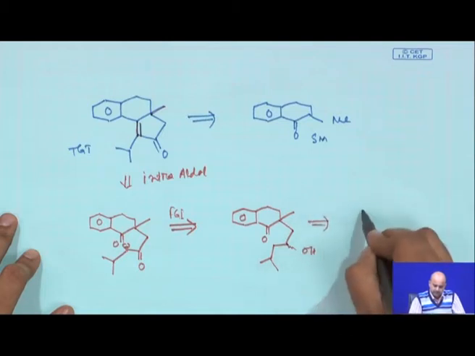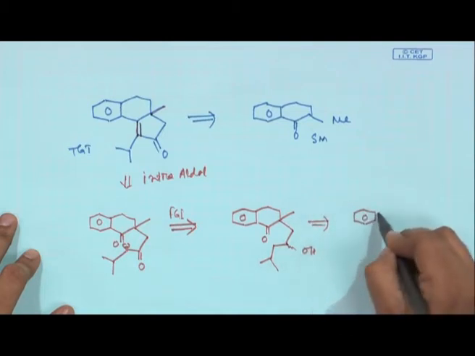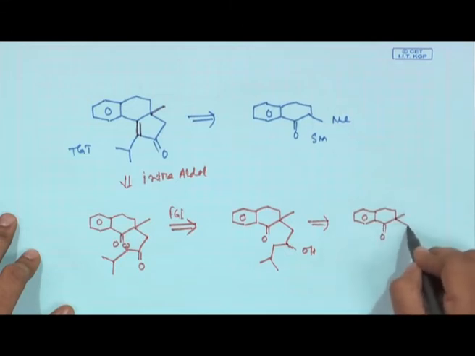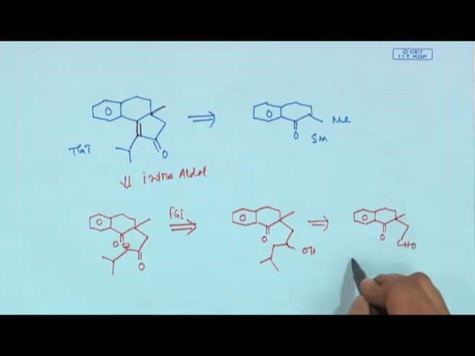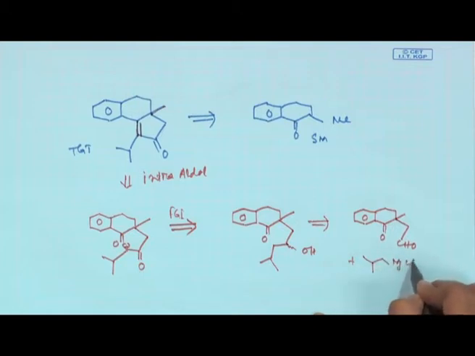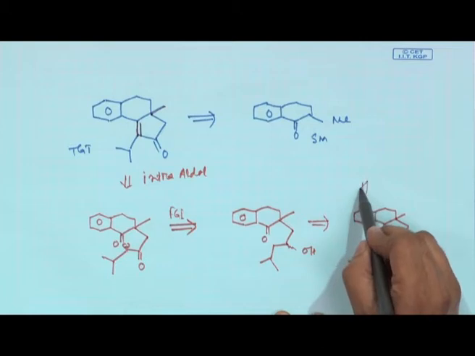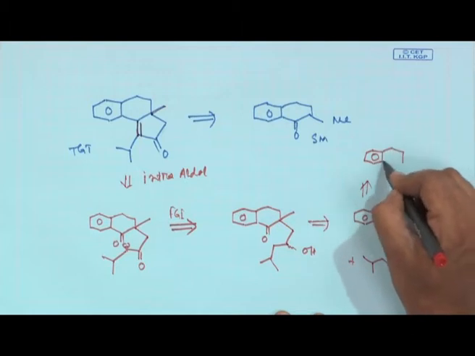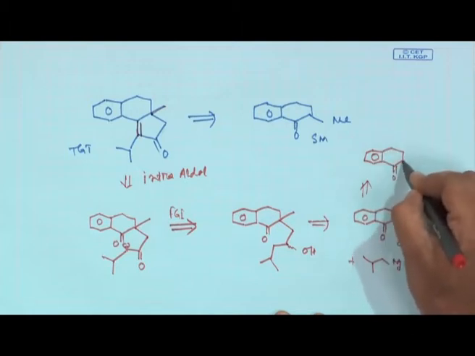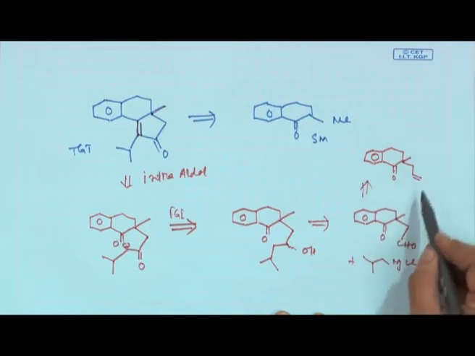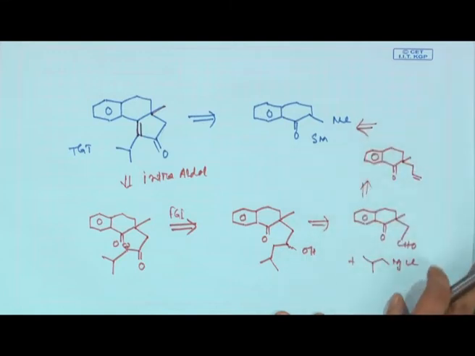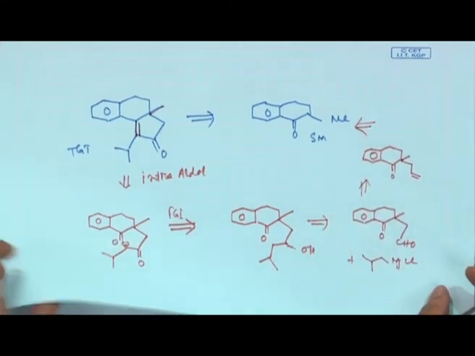Then I said this also can be easily prepared if you have this corresponding aldehyde and you use a Grignard, MgCl. Now, from this I say you can come very close to this starting material. If you have a compound like this, you can chop it through ozonolysis, and then it can be made simply by an electrophilic alkylation.